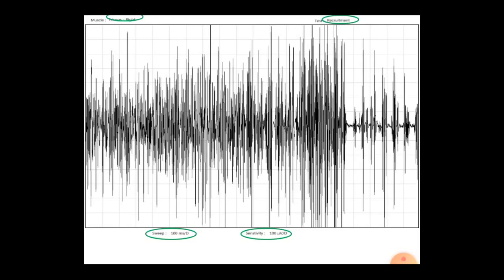So here we can say that this interference pattern, in some places, is occupying all 10 squares. One square is equal to 100 microvolt per division, so it is occupying near about 10 squares, so it is reaching around 1000 microvolt or 1 millivolt.